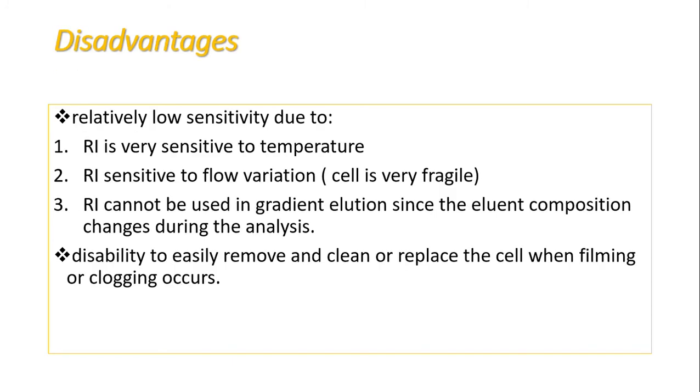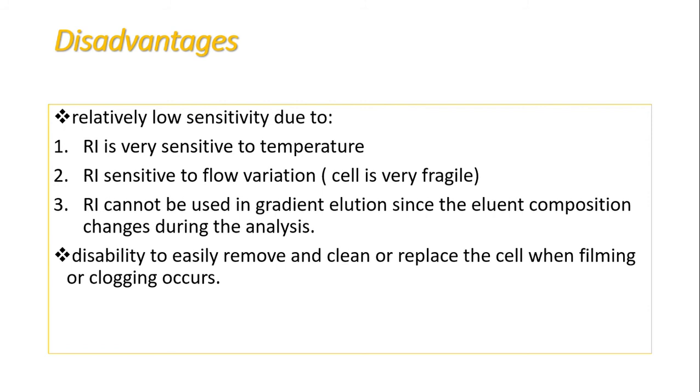Disadvantages for this type of detector: it has low sensitivity because it is very sensitive to temperature, so we must control the temperature when we use the RI. So it's thermosensitive.